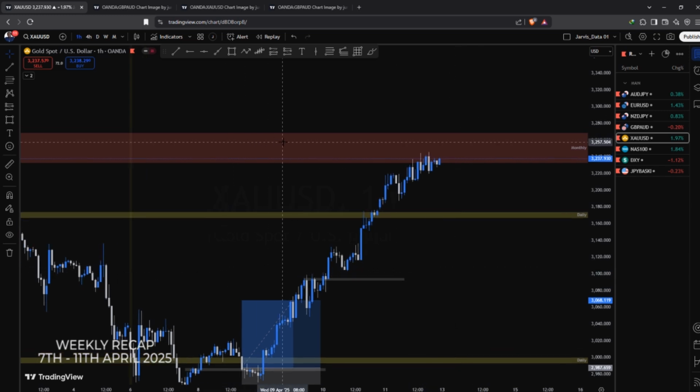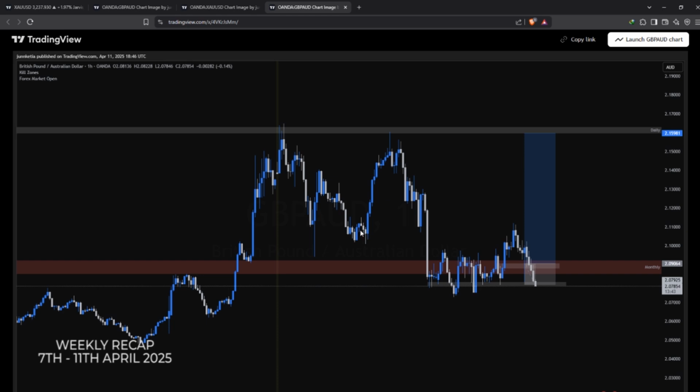Now let's get to the third trade for the week, and this is GBPUSD. When the first trade failed here, price eventually moved up and then touched the daily level again, as you can see from here, and then from there it moved all the way down to the monthly level. And so the overall bias for the pound dollar is bullish, right?